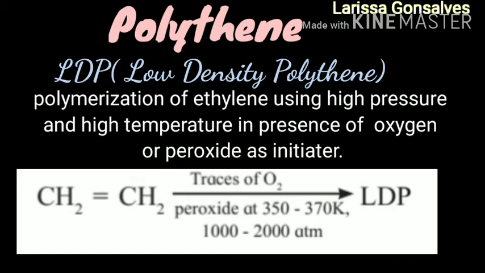Why is it so that the polymer which is formed has low density? It is because the mechanism involves free radical addition and hydrogen atom abstraction, and this results in branching. So the chains are loosely held and the polymer has low density. Low density means it is going to have less weight.